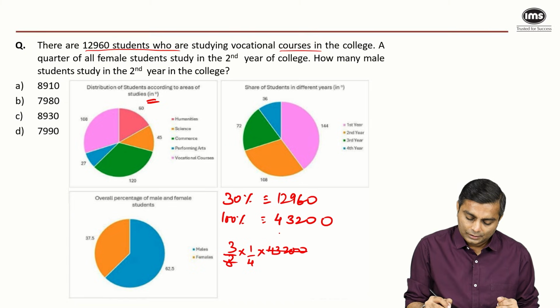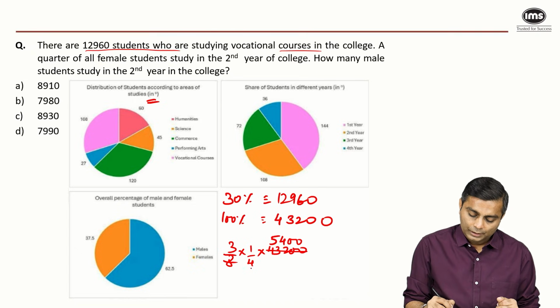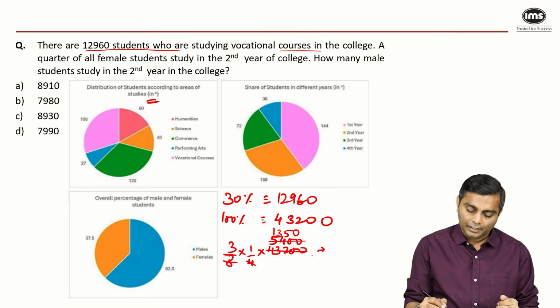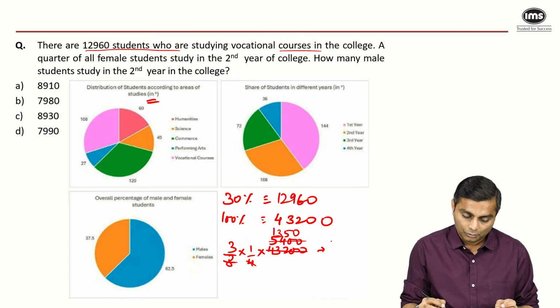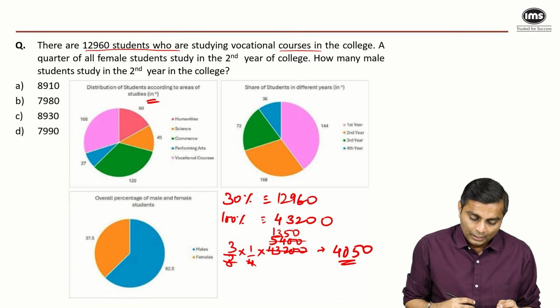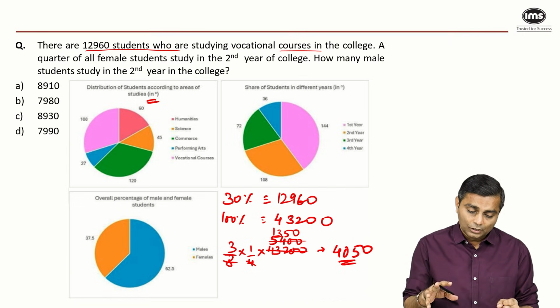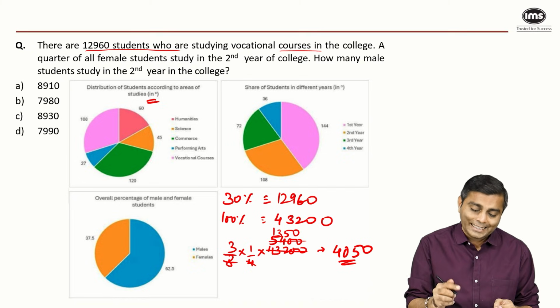So let's cancel this. 43 is 5, 32 is 4 and 0 0, and this should be equal to 1 and 14 means 3 into 4, 12 and 20, so 5, 0. 3 into 135, 300 and 4050. Yes, so 4050 is what I'm getting. 4050 are the females studying in the second year of college.